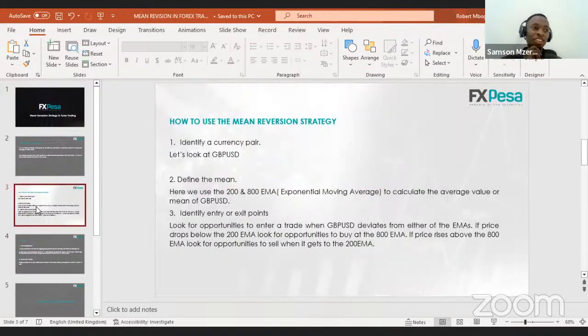Yeah, so it's very straightforward. You're simply trying to take advantage of the fact that if price deviates away from the mean, you see at what point you start trading to the given moving average. You have two triggers, the 200 EMA and the 800 EMA, which is your target. In the long run, it's a very simple yet reliable concept of trading reversions back to the mean.